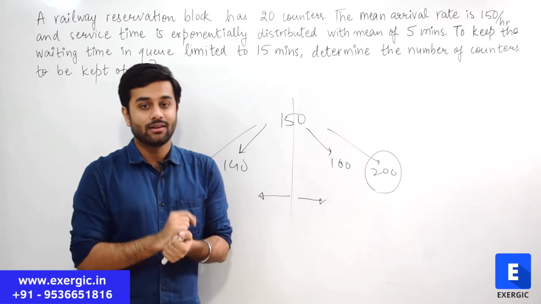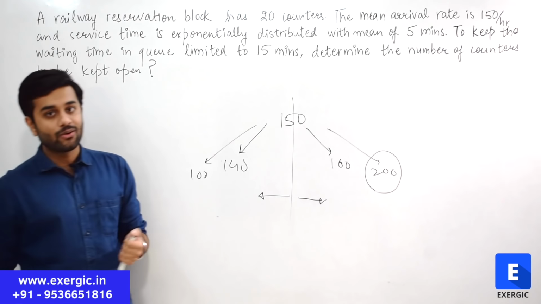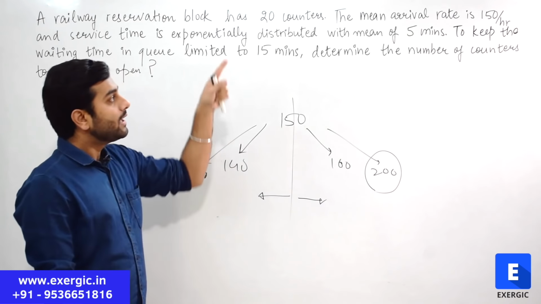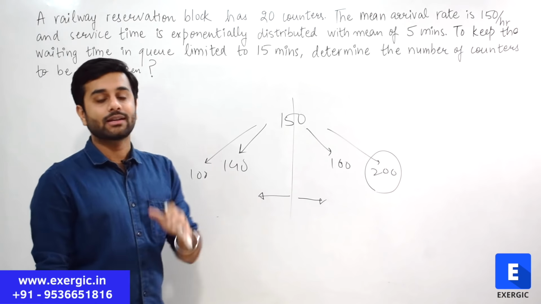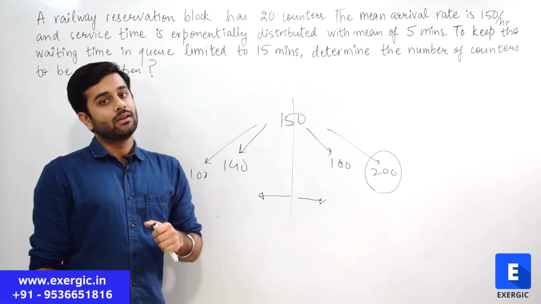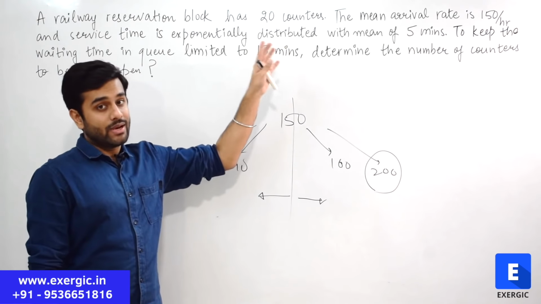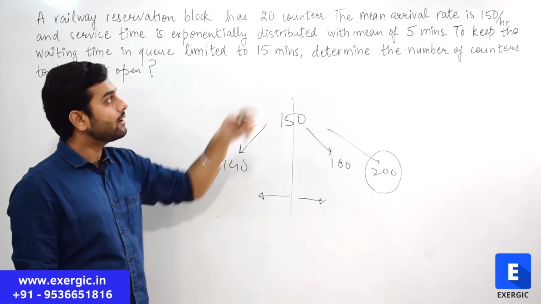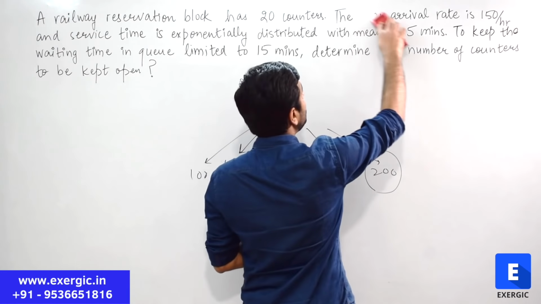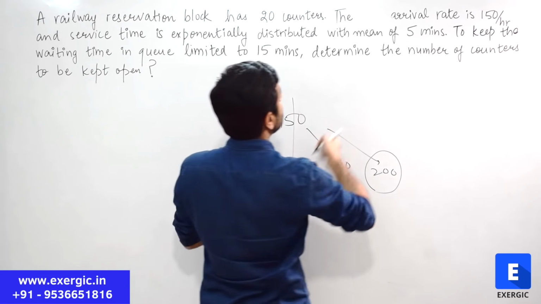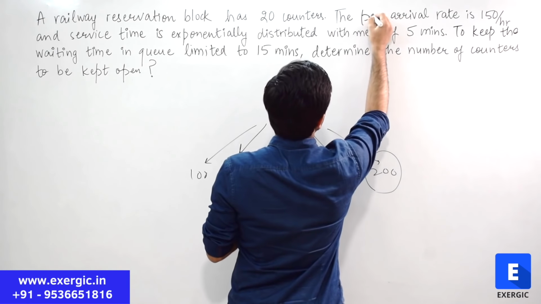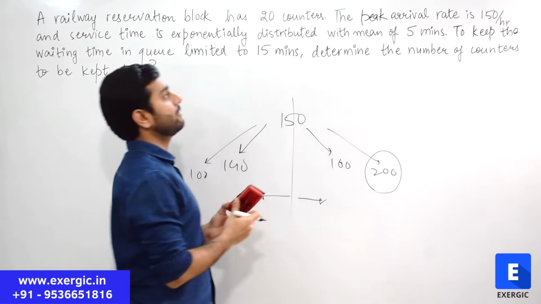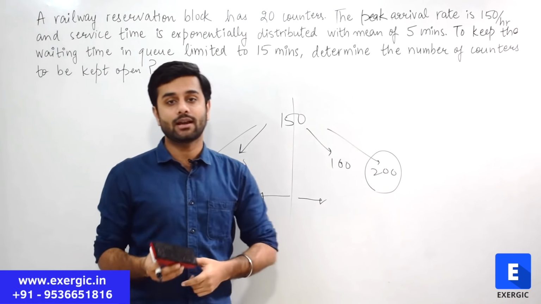That is why this is the mistake of the question, right? Here, the mean arrival rate cannot give you the correct answer. In the exact question, we should have the peak arrival rate, or the highest arrival rate, and not the mean arrival rate. Peak arrival rate.